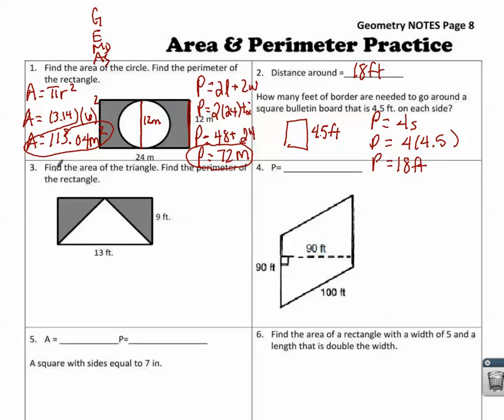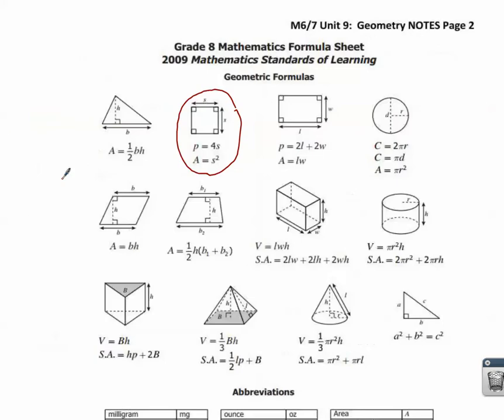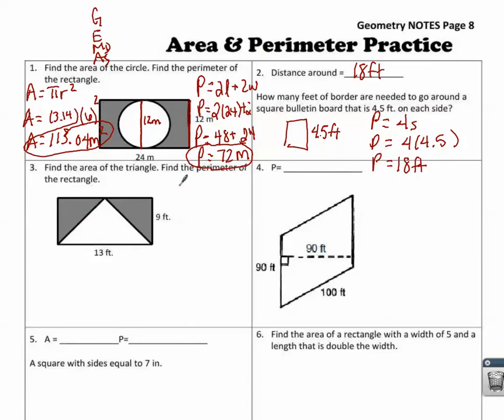In example 3, find the area of the triangle and find the perimeter of the rectangle. So for the area of the triangle, you need 1/2 base times height. So you get 1/2. The base of the triangle is the same as the length of the rectangle. So it's 13.